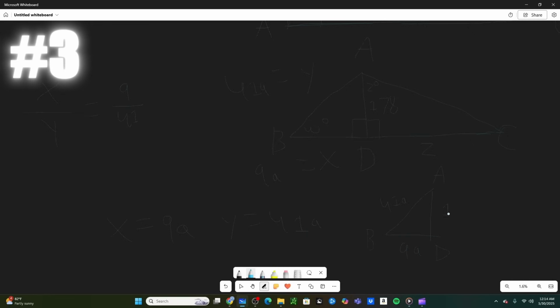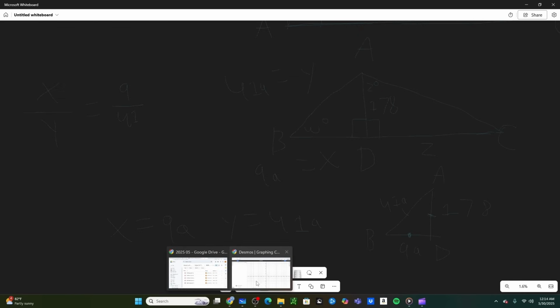And then we have 178 here, right? But we actually don't want to keep it as 178. We want to figure out what it is in terms of a, right? Even though we don't know what a is, we can figure out what this is in terms of a because of the Pythagorean theorem, right? So this side squared plus this side squared should equal this side squared.